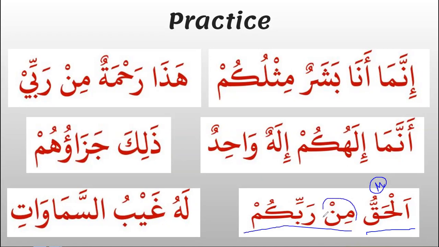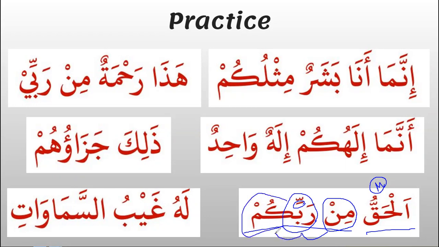What is min? From. And min is causing the next word rabbi, right? Rabbi is jar. So min rabbi is jar majrur. And you can see rabbi is light, no alif lam, followed by kum, an attached pronoun. So you can know it's an idafa, mudaf mudaf ilayh.